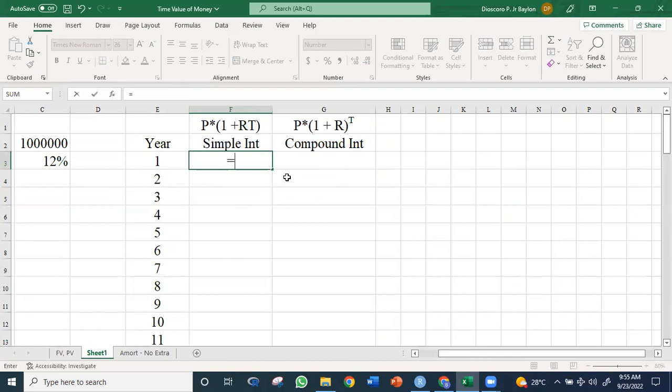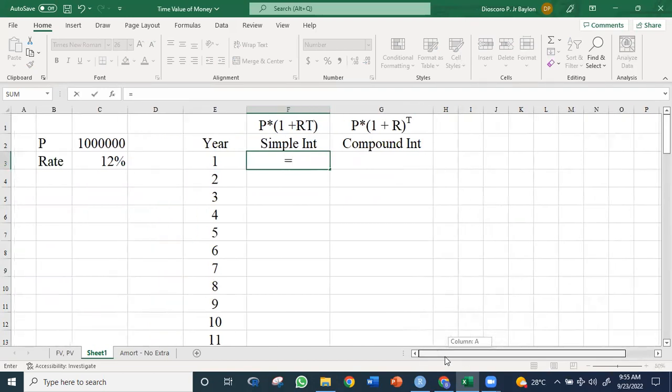So for the simple interest, the formula is whatever the face value is of the principal times 1 plus R times T. Now conveniently, what we did was to give a name to your P and your R also. We gave it names, and when we give names to cells, this will become automatically locked when we copy it down.